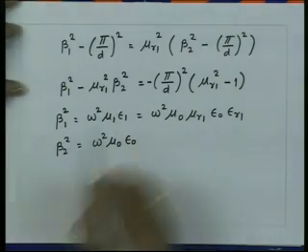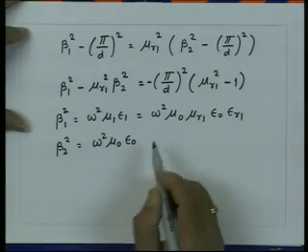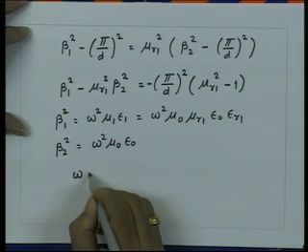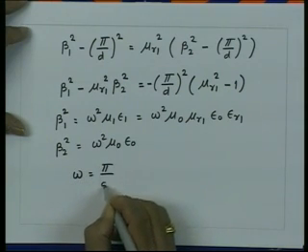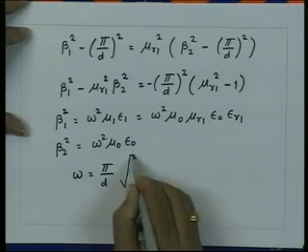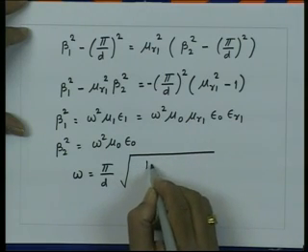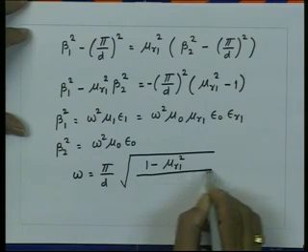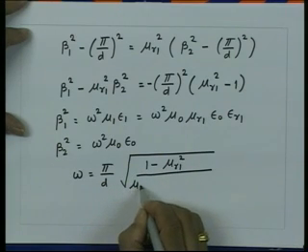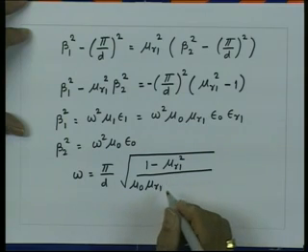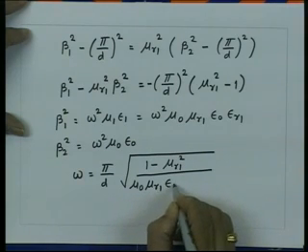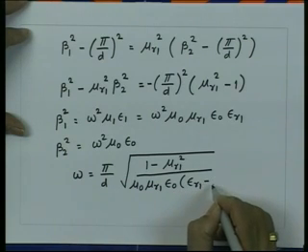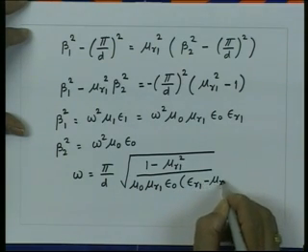We can substitute into this expression here, and from here we can find out this quantity omega, which will be equal to pi upon d square root of 1 minus mu r1 square upon mu 0 mu r1 epsilon 0 epsilon r1 minus mu r1.